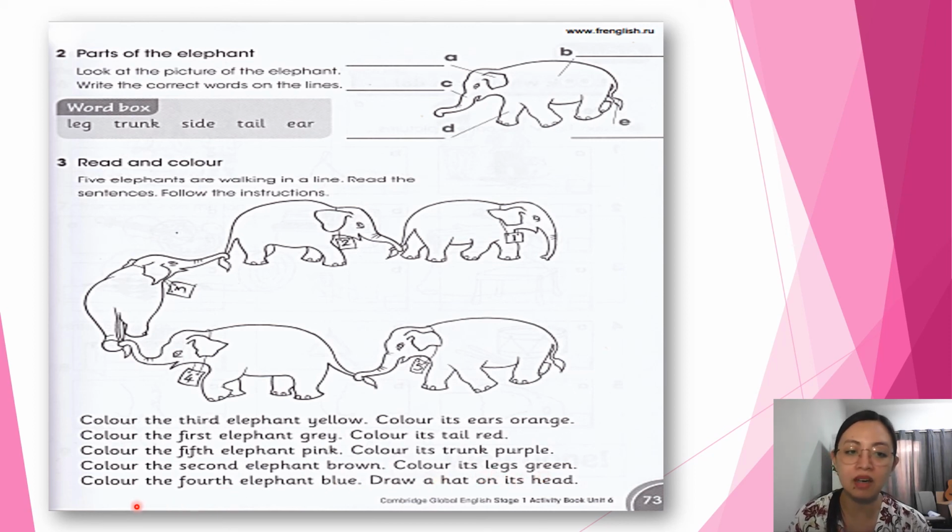And lastly, color the fourth elephant blue. Draw a hat on its head. So I will give you time to finish this activity. You can pause this video now and play once you have finished the activity, okay?